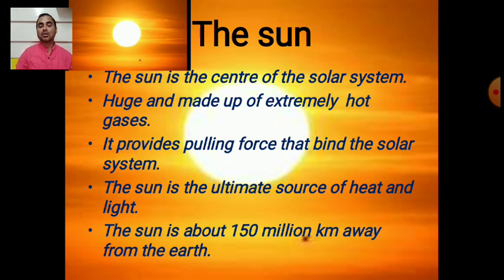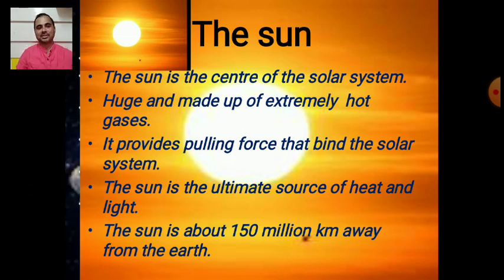The Sun is about 150 million kilometers away from the Earth. Even then, can you imagine the amount of heat we experience? So this is what we have gathered about the Sun. These are really interesting, no? Very important as well.